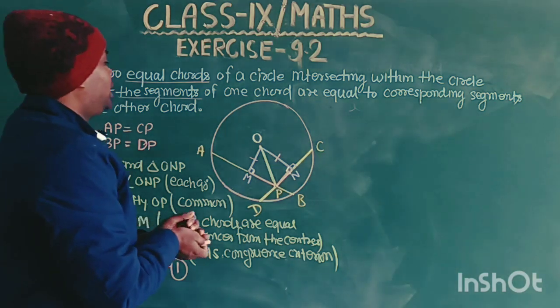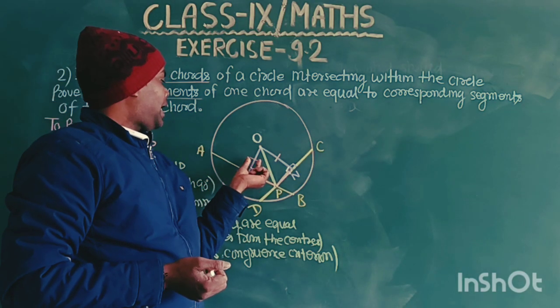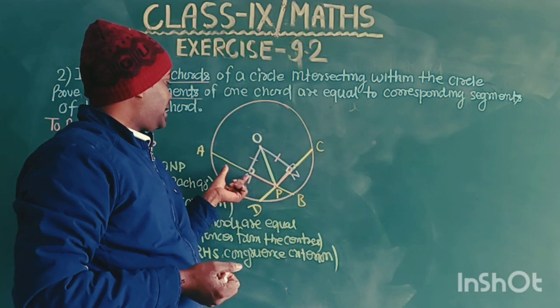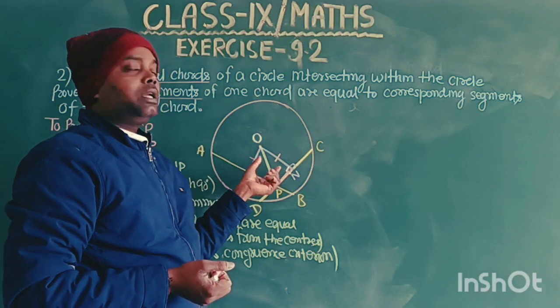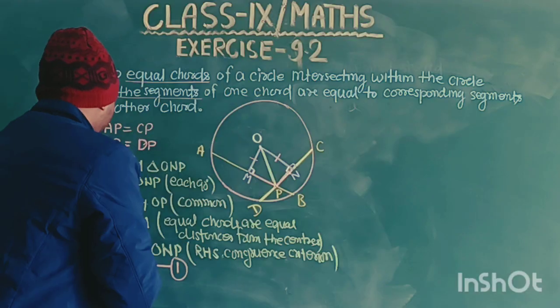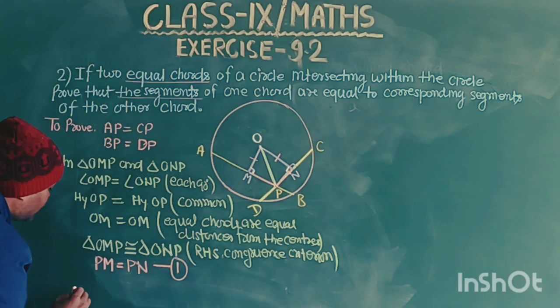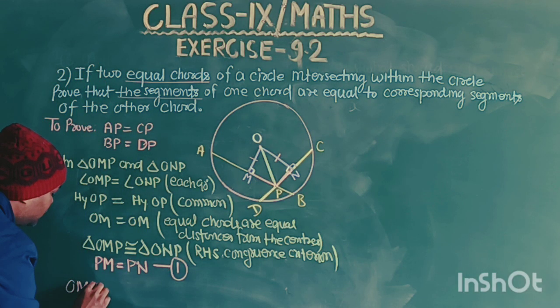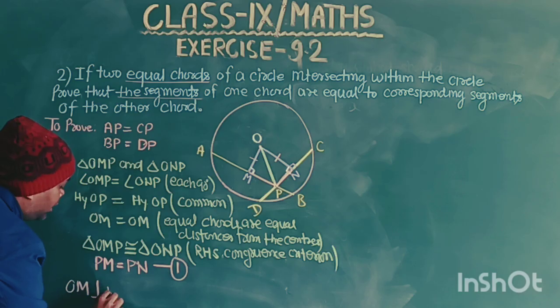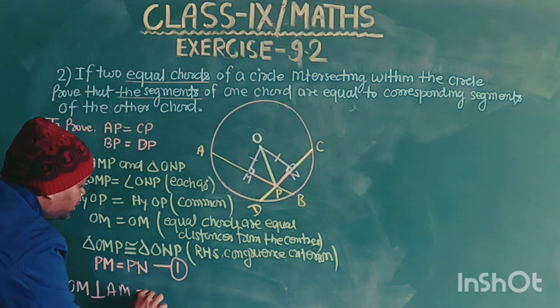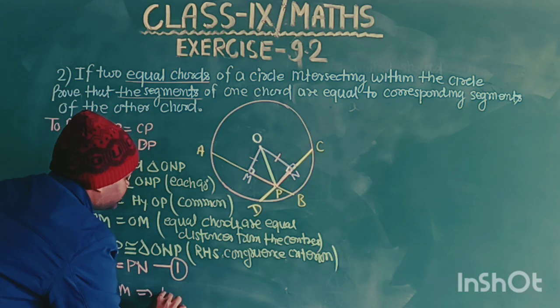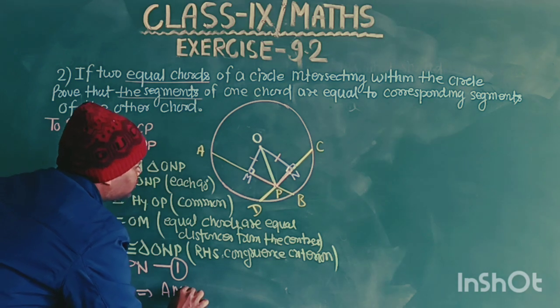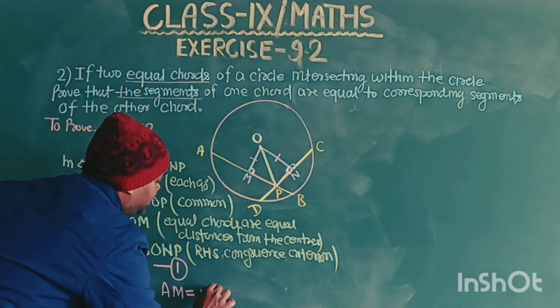And as we know that line OM bisects the chord AB and ON also bisects the chord CD. So we write here, OM is perpendicular to AB. This means AM equal to BM.